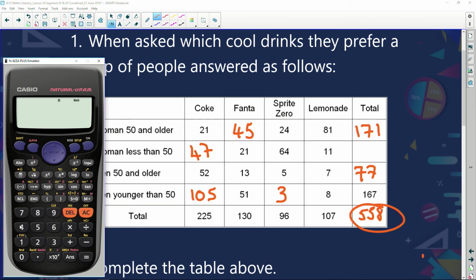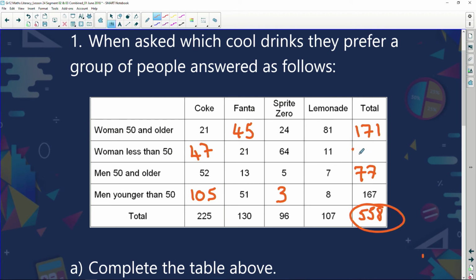I've got 47 plus 21 women who like Fanta, plus 64 women less than 50 who like Sprite Zero, plus 11 women we interviewed who like Lemonade, which gives 143.